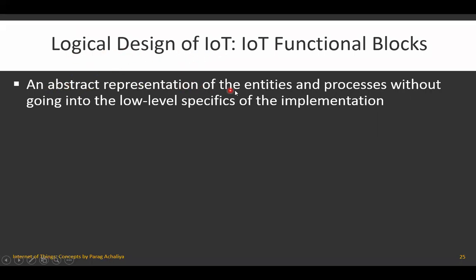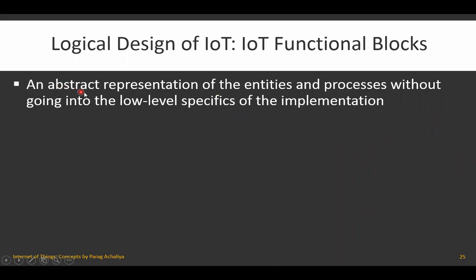And what exactly is that logical design of IoT? It is an abstract representation of various entities and different processes that we use to develop any IoT application, but we are not going into detail about those entities and processes, how those processes are written, how those entities have been implemented. That we are not going to see in detail.